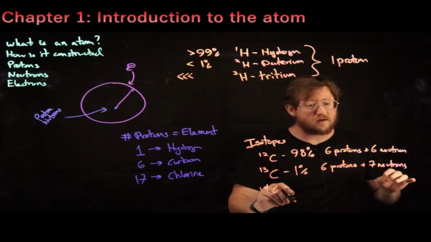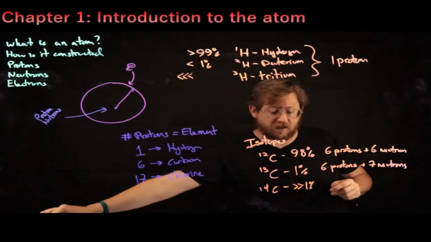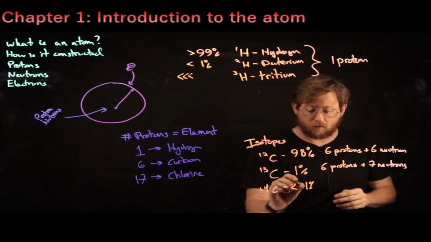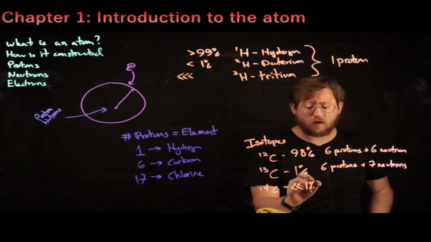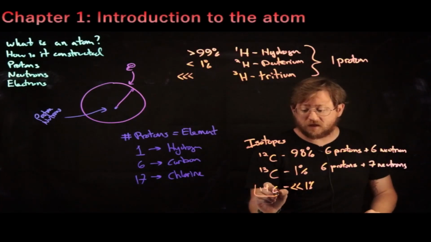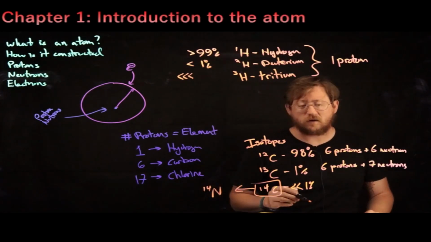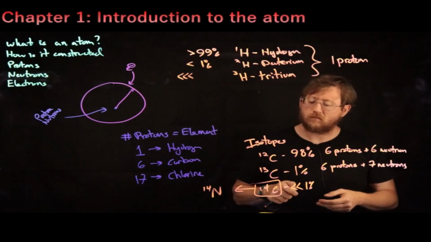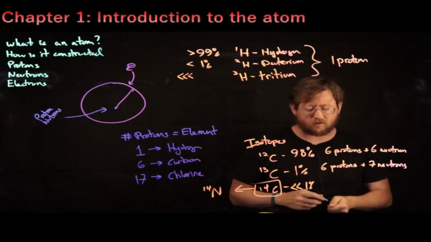Carbon-14 doesn't live that long, so it's much, much less than 1%. Carbon-14 is a radioactive isotope of carbon that has 6 protons and 8 neutrons. But carbon-14 very quickly converts into nitrogen by some sort of beta particle decay.